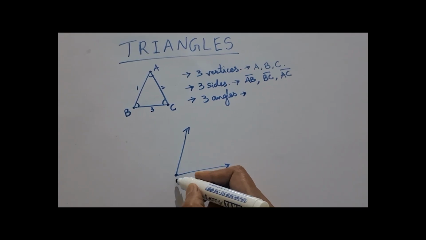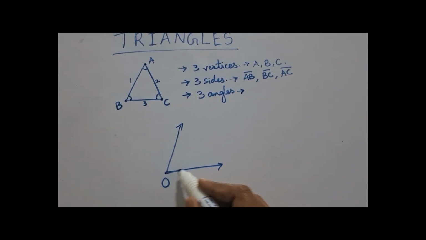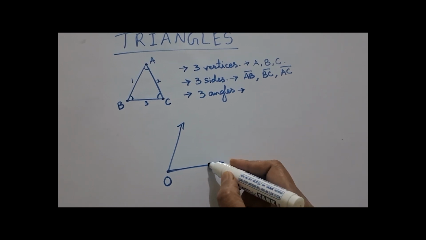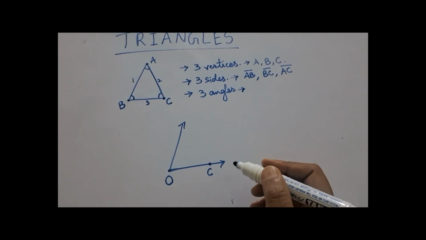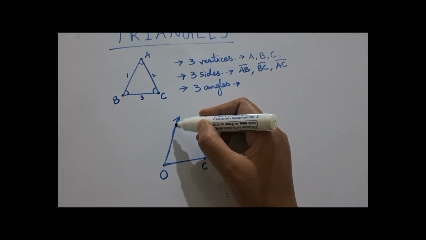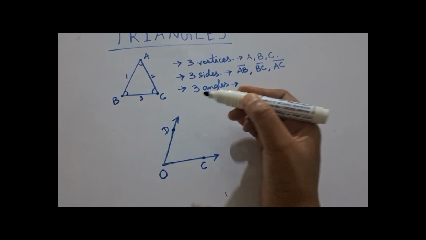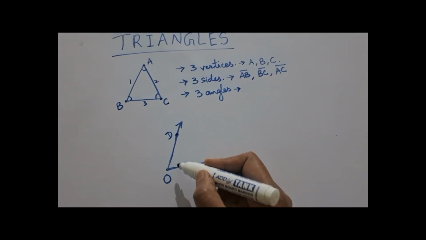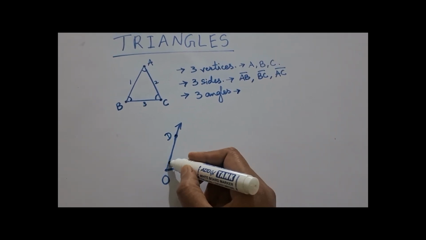This point we will name as O. And suppose on this ray, we keep one more point and we will name it as C. And on this ray, we will name one more point as D. So an angle is formed when 2 rays have the same initial point.